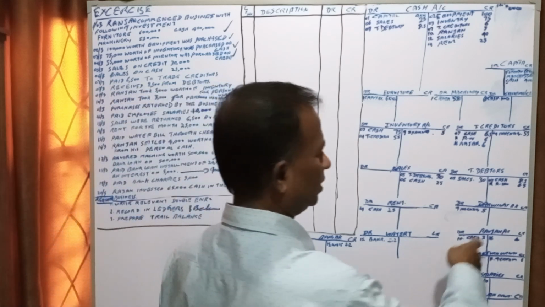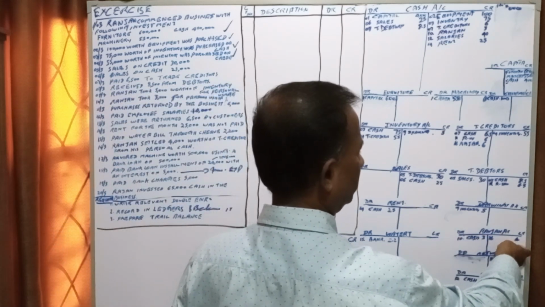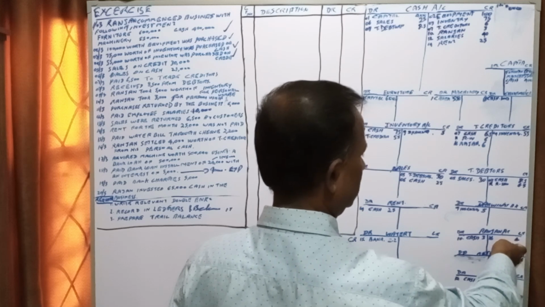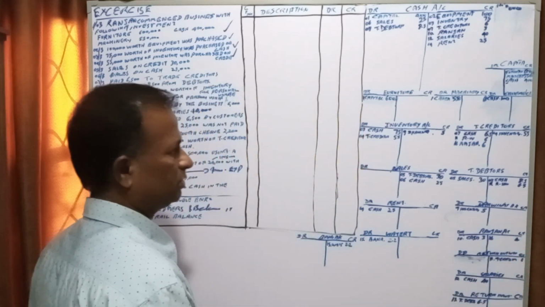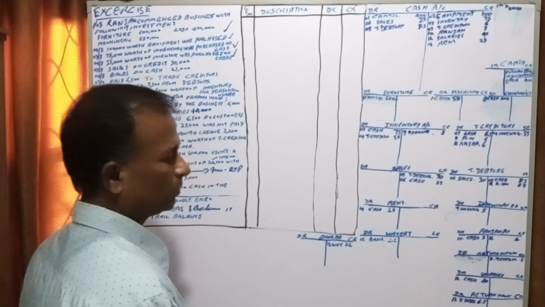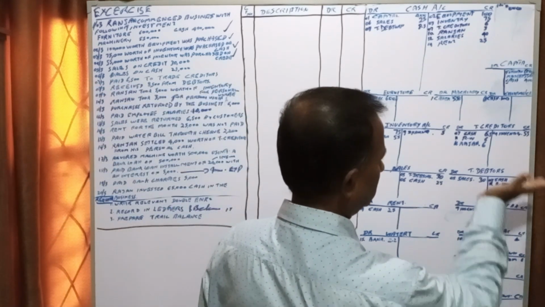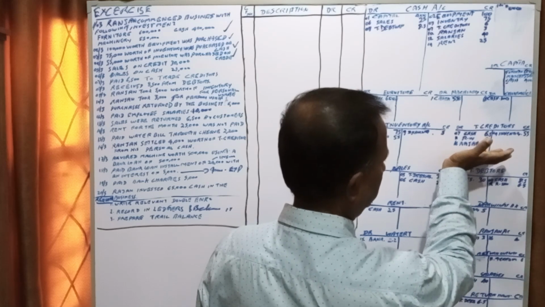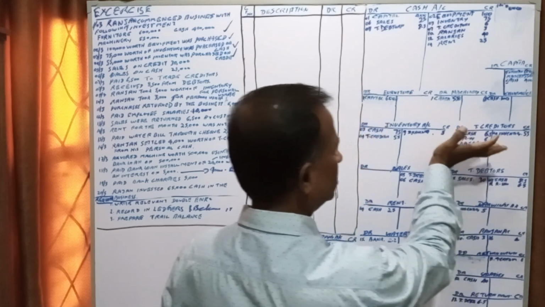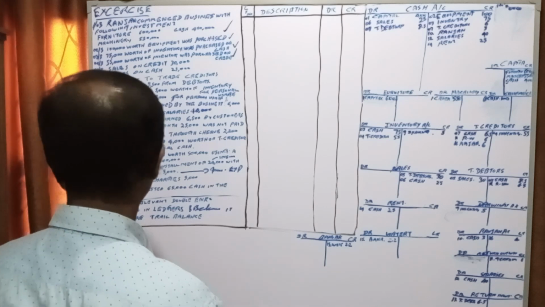That's why we are charging his account. We have credited his account. Okay, and trade creditors will reduce. Reduce in the sense we have to debit that account. So we have debited.